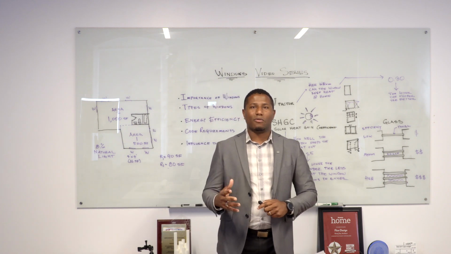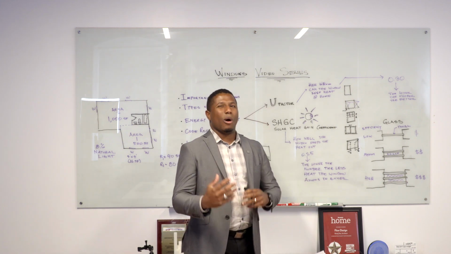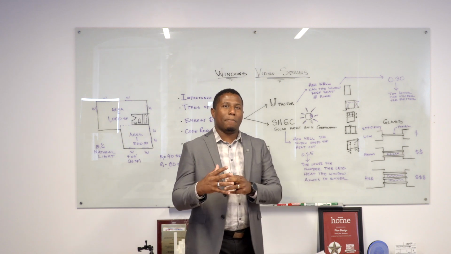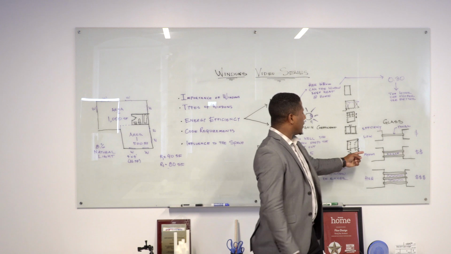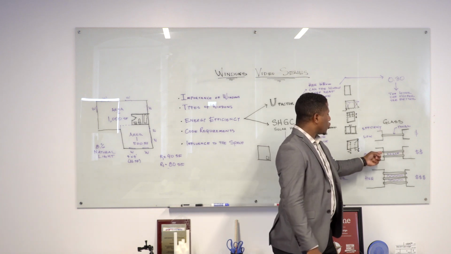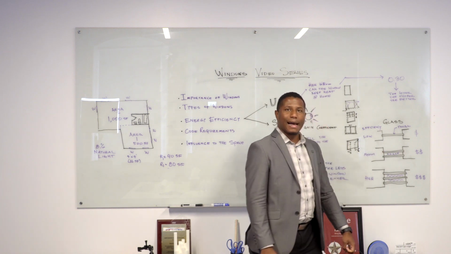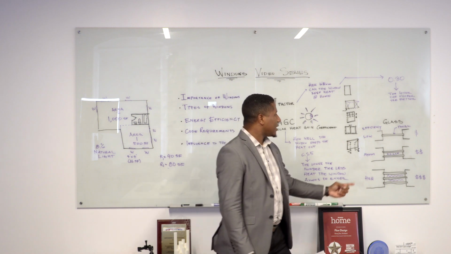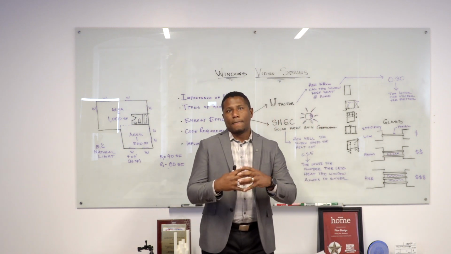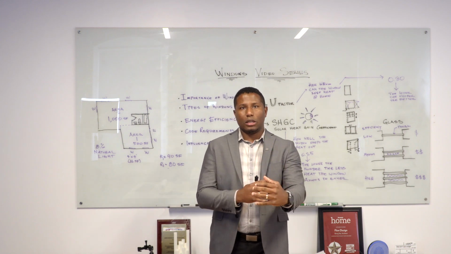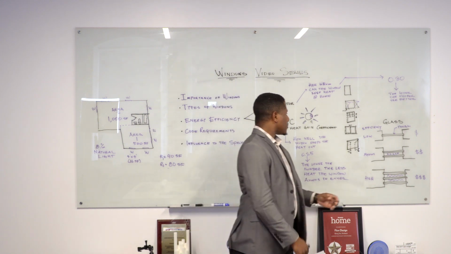And something that we did realize is single panel is not really a very energy efficient window. So nowadays we're seeing a lot of two panel glass windows, which actually create an air gap in between the panels, which makes it a more energy efficient type of window.